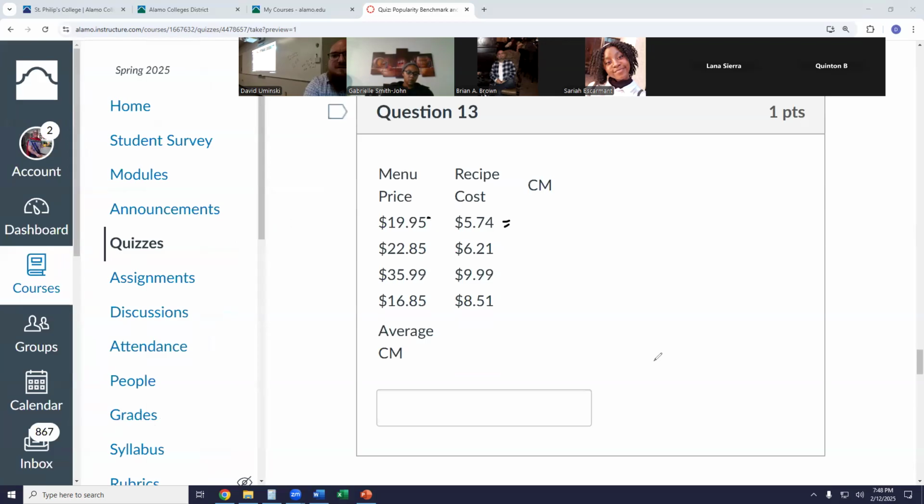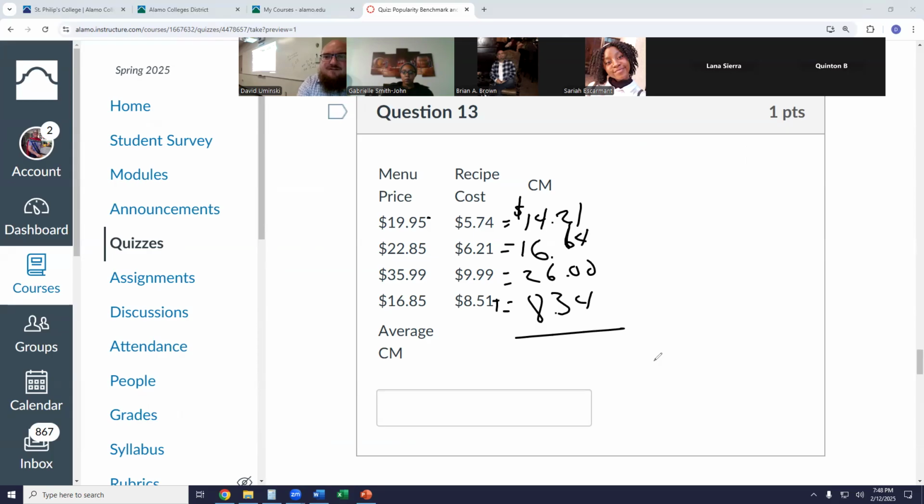What did I say that one was? 14.21. Okay. 22.85 minus 6.21 is 16.64. 35.99 minus 9.99 is $26 even. And 16.85 minus 8.51 is $8.34.